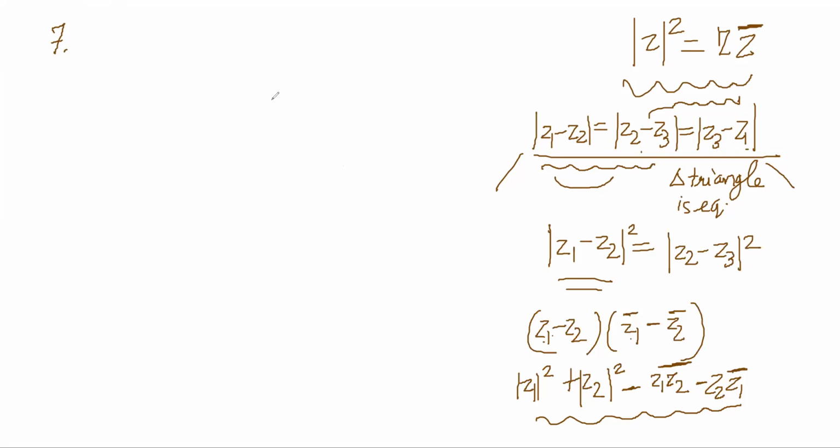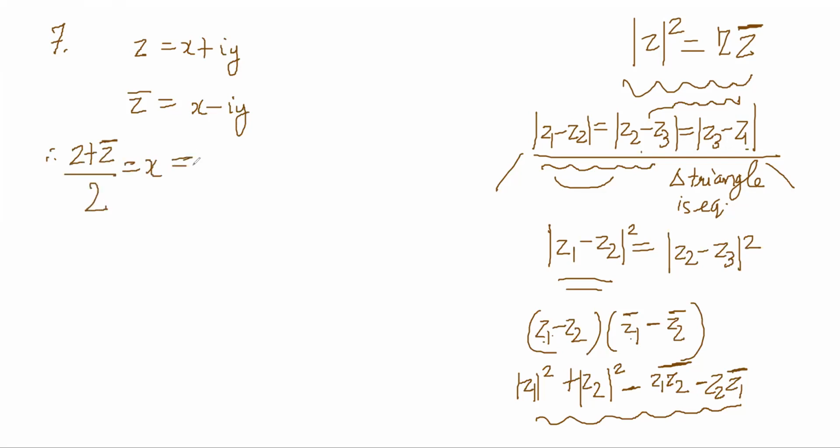So now a couple more things. If z is x plus iy, then z conjugate is equal to x minus iy. Therefore z plus z conjugate by 2 is equal to x, which is the real part of z.